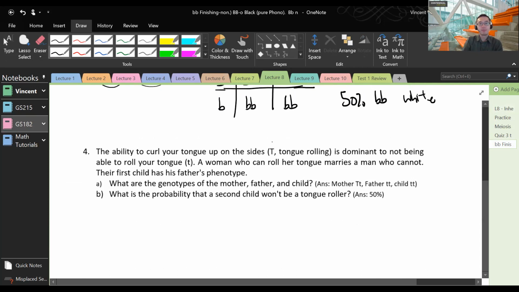So this is big T for being able to roll your tongue, and not being able to do it is small t. Here we have a woman who can roll her tongue. So the woman is a tongue roller. If she can roll her tongue, then she must be small t, small t.